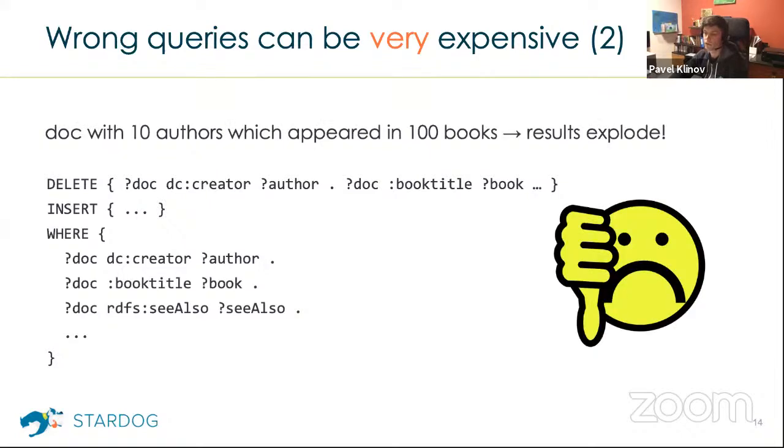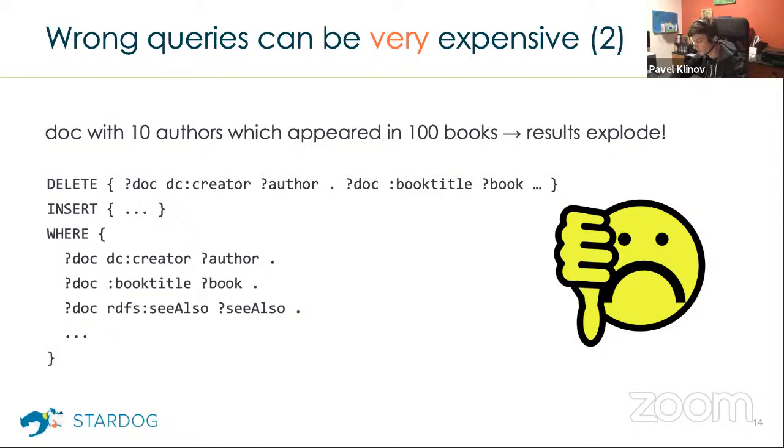The problem here is the so-called multivalued properties. If you imagine a document with 10 authors, and that document appears in 100 books. So the data, remember, the data can be anything. The data doesn't have to be perfect.